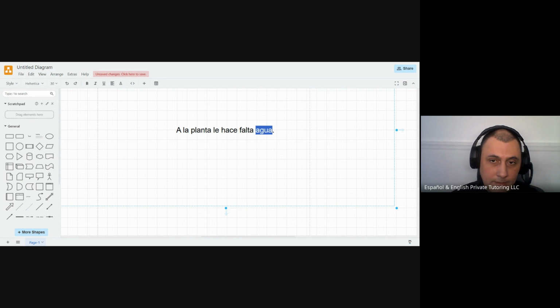This means the sentence is in the third person singular. That's why we have to conjugate this expression, the verb hacer, in third person singular. Le hace falta agua. Okay? It's the same, water is missing for the plant.